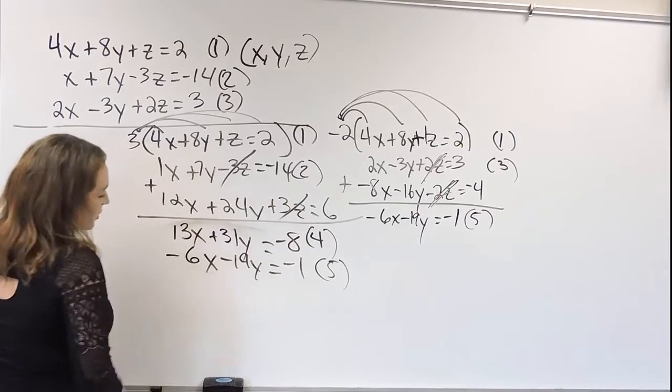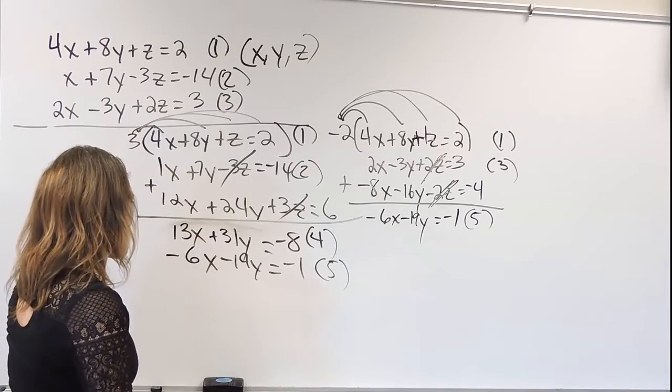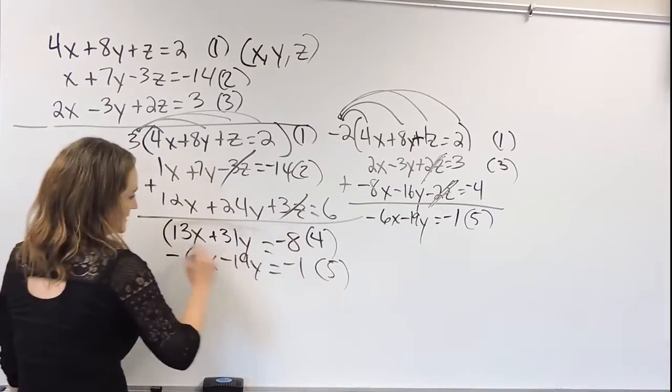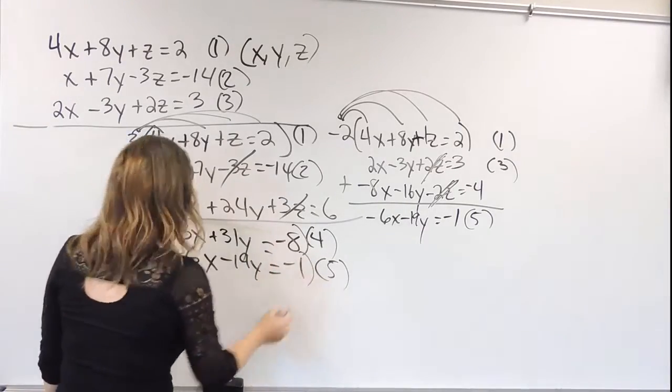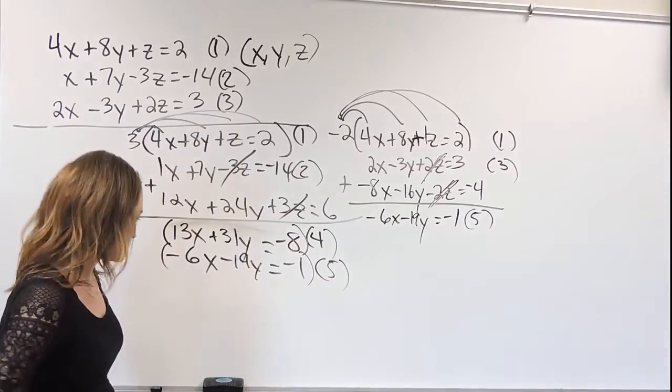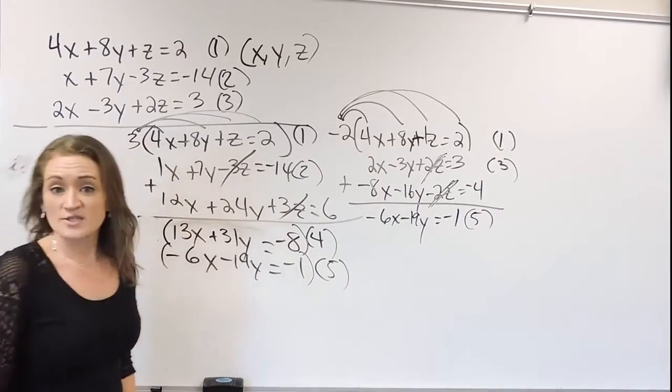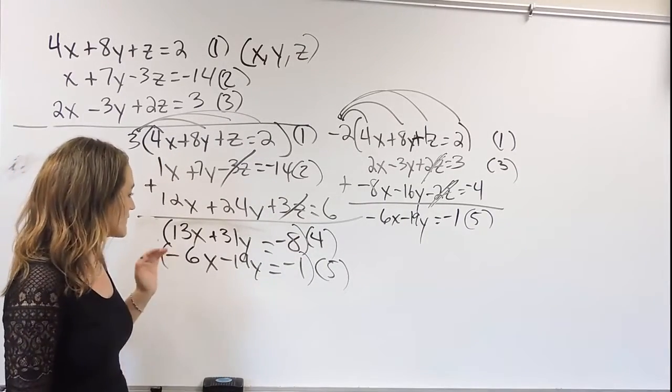All right, so if I'm going to eliminate the x here, we have a 13x and a negative 6x. So let's take a look at how we're going to eliminate here.